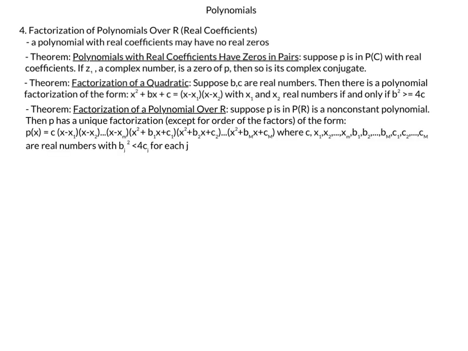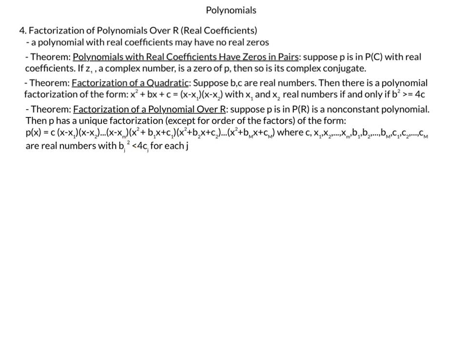We have our factorization of a polynomial theorem. Suppose p is in the space of polynomials over real numbers. It's a non-constant polynomial. Then p has a unique factorization, except for the order of factors, of the form p equals a constant times (x minus x1), the first real root, (x minus x2), the second real root, up to possibly m real roots, and then the factors x squared plus b1x plus c1, which cannot be factored into real roots because this is where our b squared is less than 4c.